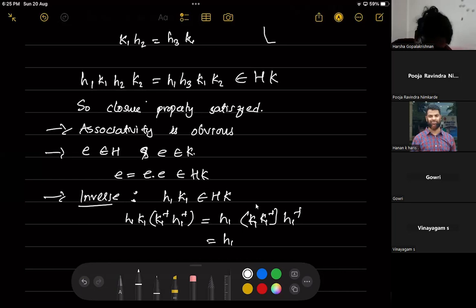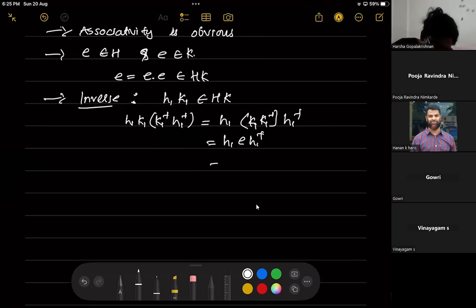H1 identity H1 inverse, which is again equal to identity. So this K1 inverse H1 inverse is an inverse of H1K1.